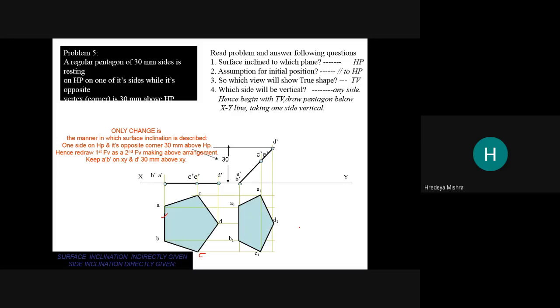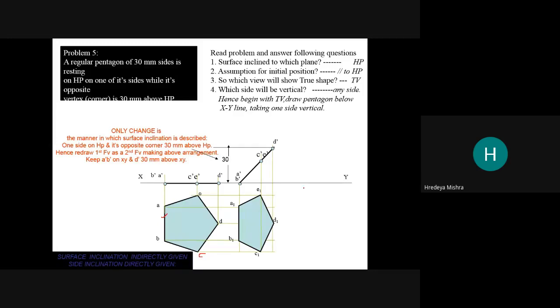So we get A1, B1, C1, D1 and E1. So this is first top view, first front view, second front view, second top view.